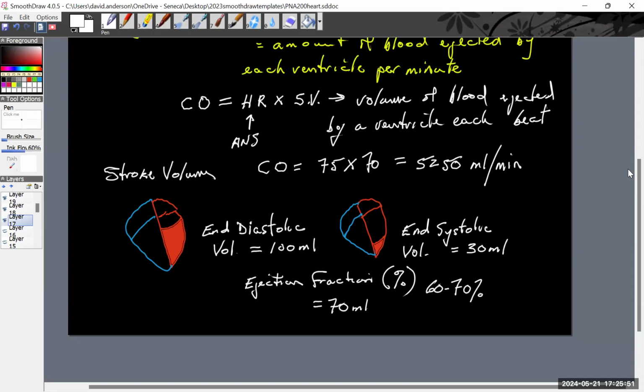Okay, so I just want to take a few more minutes to talk about stroke volume. What makes stroke volume better or worse? This is an important thing with respect to our discussion on cardiac function. So we'll put our equation up here. Cardiac output is a function of heart rate times stroke volume.